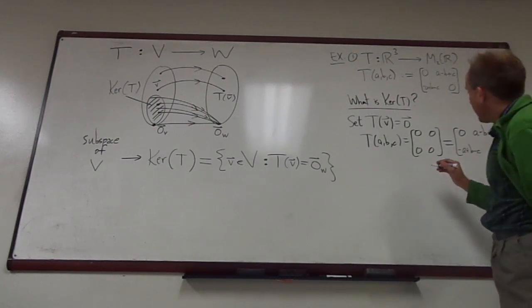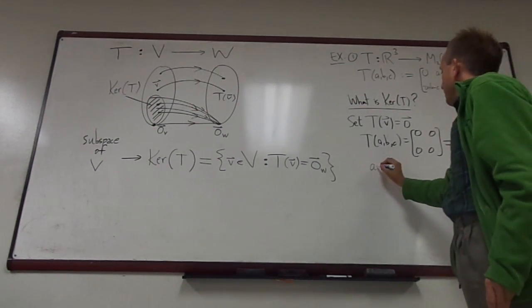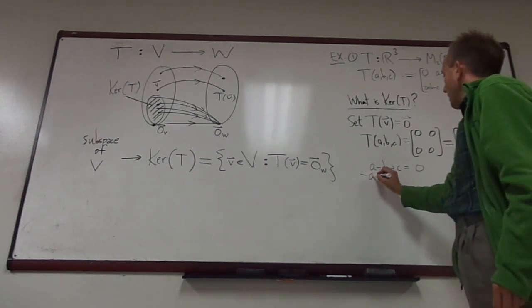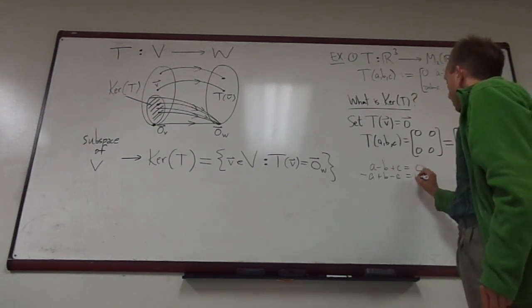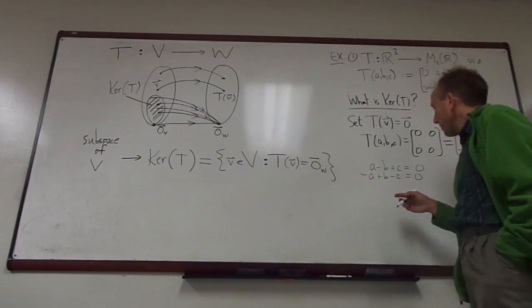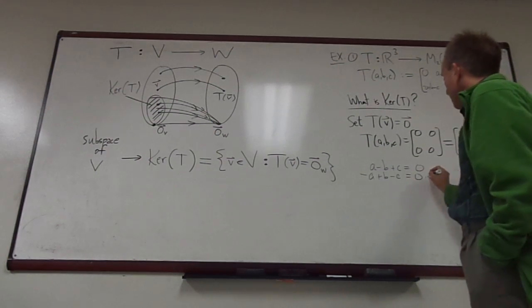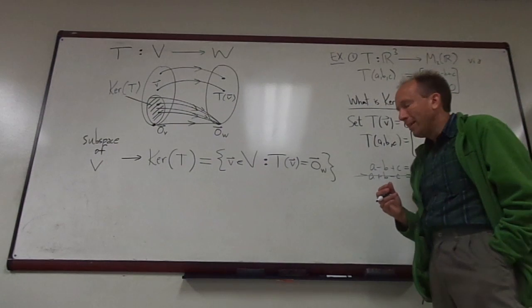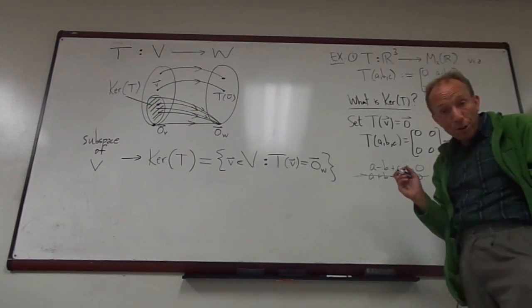If you look at that, that's really saying that a minus b plus c is 0, and negative a plus b minus c is 0. It's a system of equations, which by now we're pretty good at solving. The second equation is actually just the negative of the first equation, so it doesn't tell us anything that we can't get from the first equation.